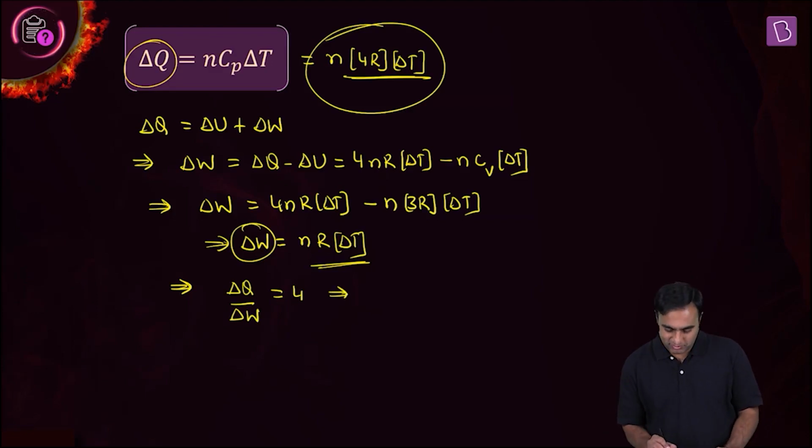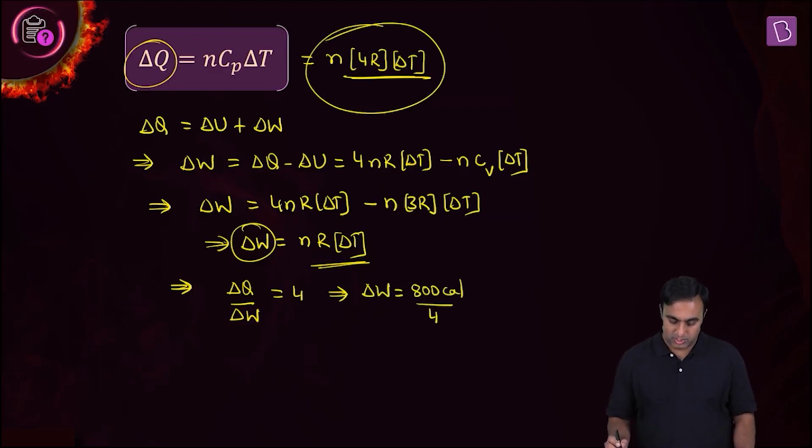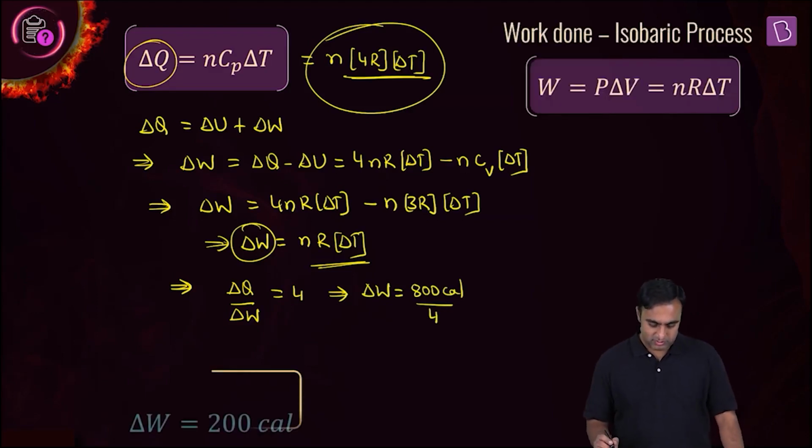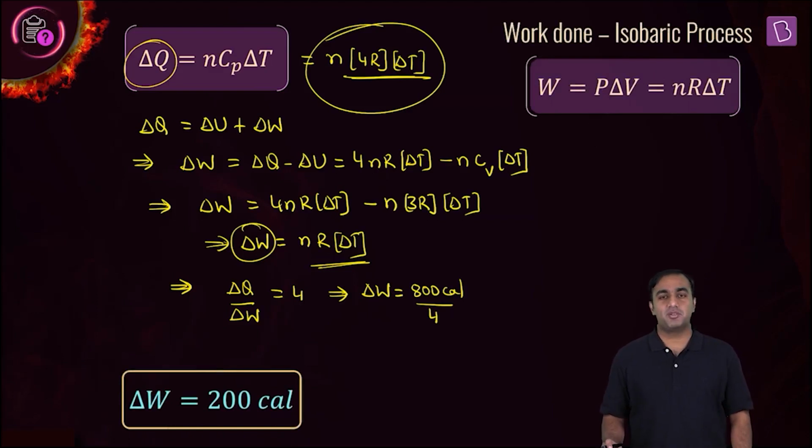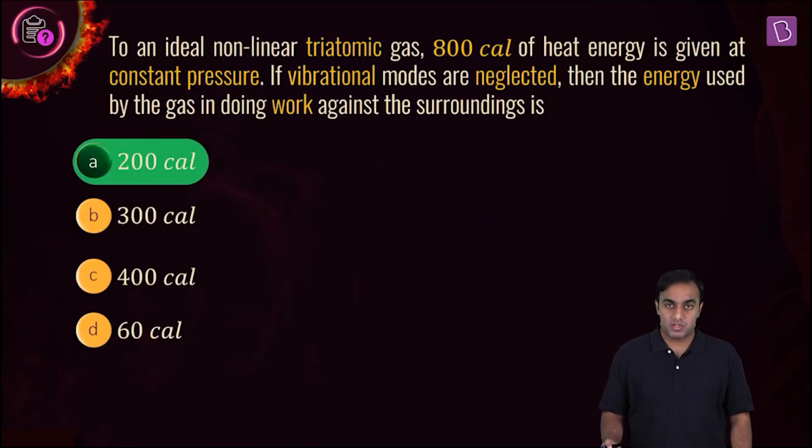So, we get delta W, the work done by the gas against the surroundings, to be 800 calorie by 4 or 200 calorie in magnitude. The correct option for this question is A.